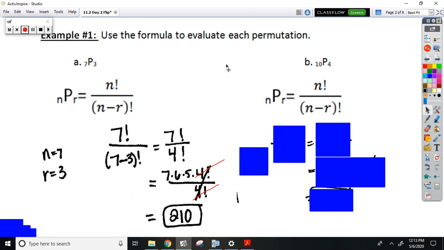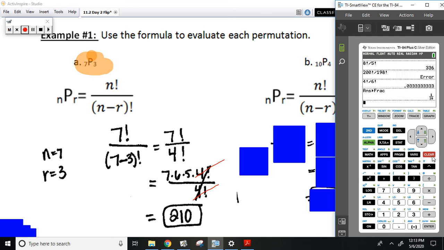Now on the calculator, your calculator actually will do this for you without the formula. So using your calculator, you're going to press the N number first, so 7. And then the same menu we used on our day one notes, press the math button, arrow over to probability, and choose option 2 where it says nPr.